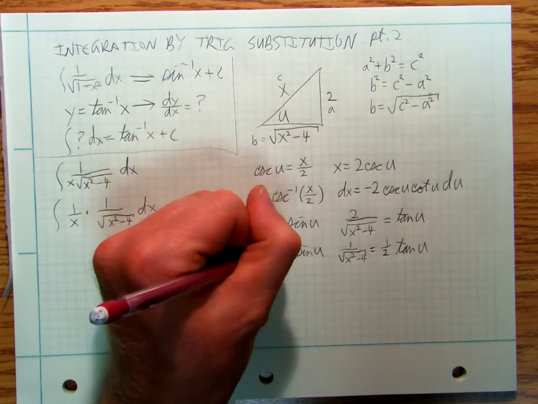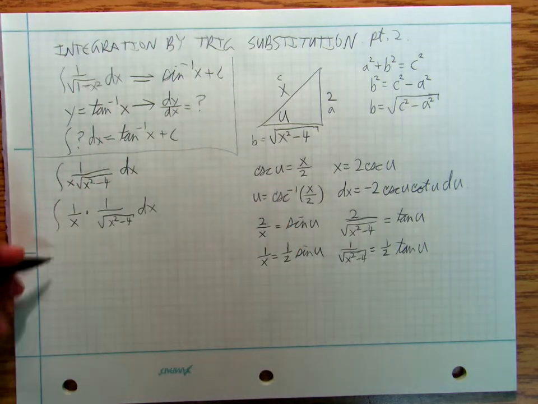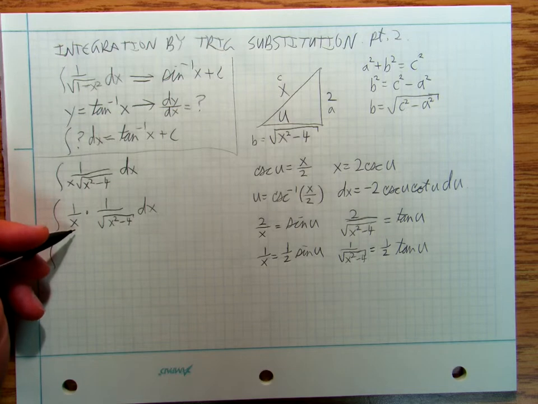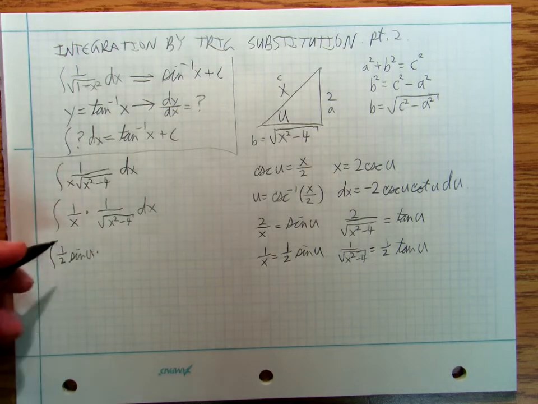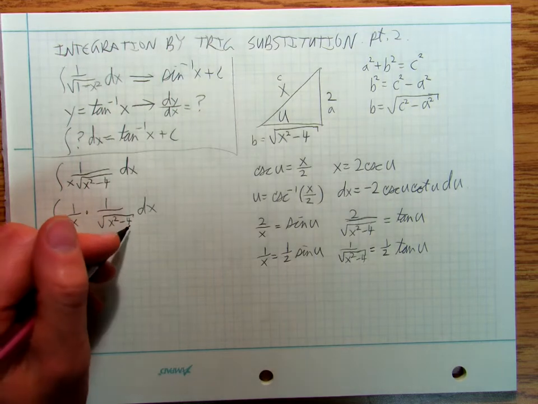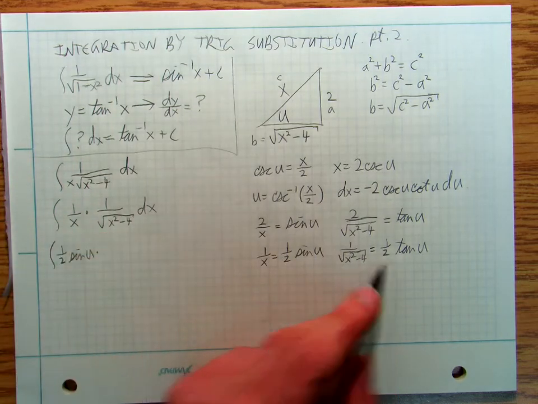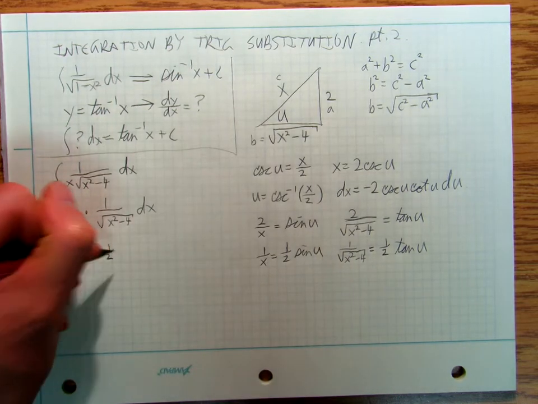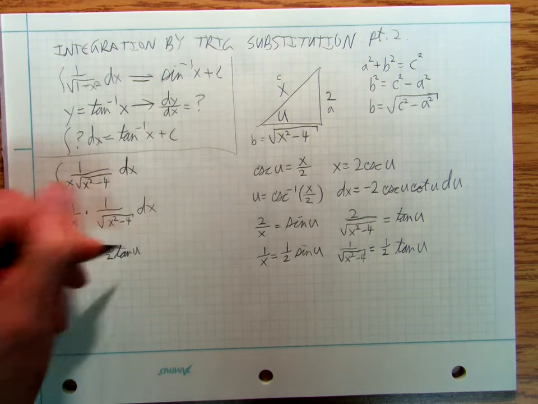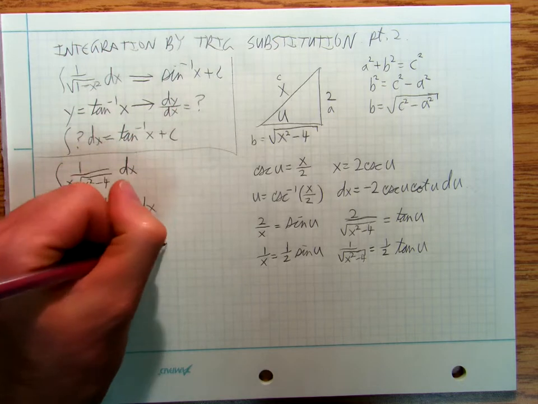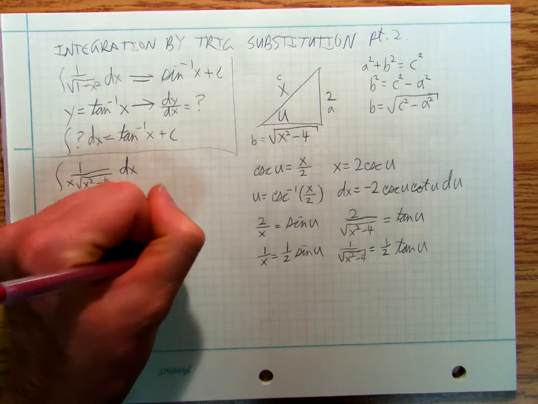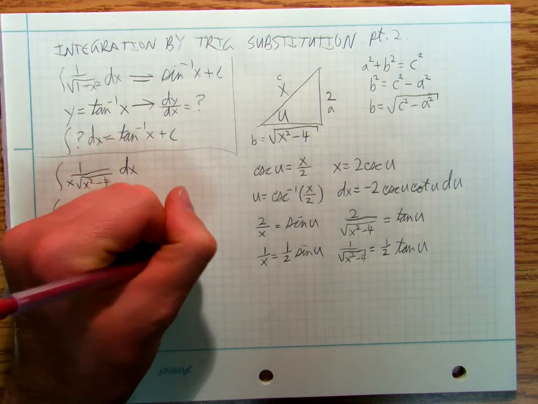Okay? So now let's go back here. Integral sign. 1 over x is 1/2 sine u. 1 over square root of x squared minus 4 is 1/2 tangent u. And dx is -2 cosecant u cotangent u du.